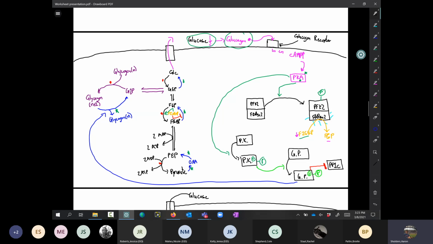Now, something else I didn't mention here is this. I need to draw another set of boxes over here. I'll use another abbreviation, glycogen synthase. Glycogen synthase can also be phosphorylated.